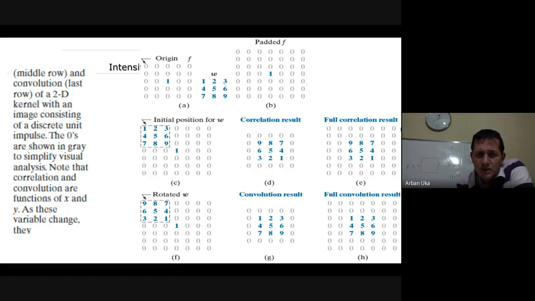So here we have a 3 by 3 kernel. The original function is 5 by 5. That means that since it is 5 by 5, we have to add zero padding. The zero padding in this case is the kernel size minus 1, divided by 2. So this is the number of zero padding.